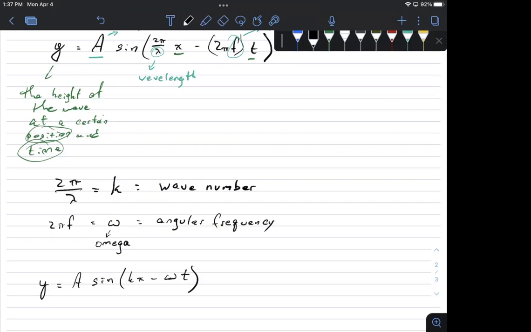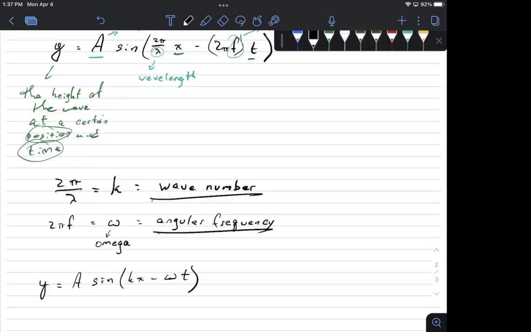So that's going to be the form of the equation we use. And know wave number and angular frequency. K, what is wave number? It's basically like the wavelength, but it's actually 1 over the wavelength, but it's similar to the wavelength, okay?